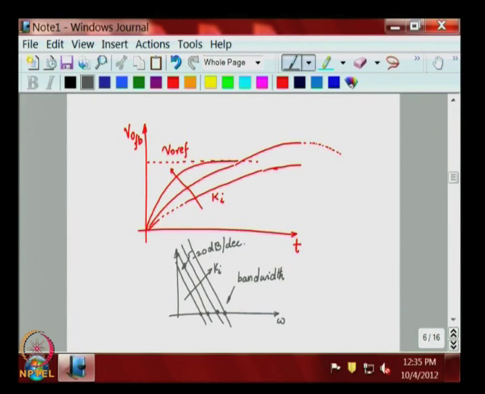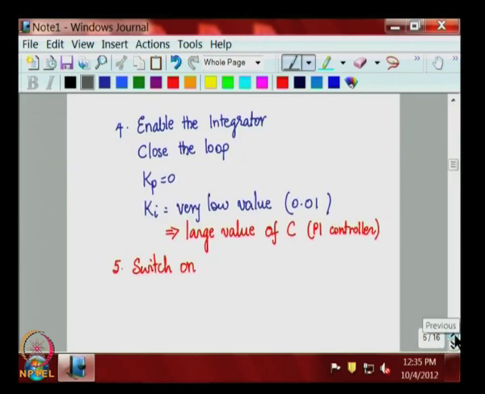So, you stop at some performance where it reaches steady state at some particular time as set by your performance criteria, and then freeze on the value of Ki. Okay.